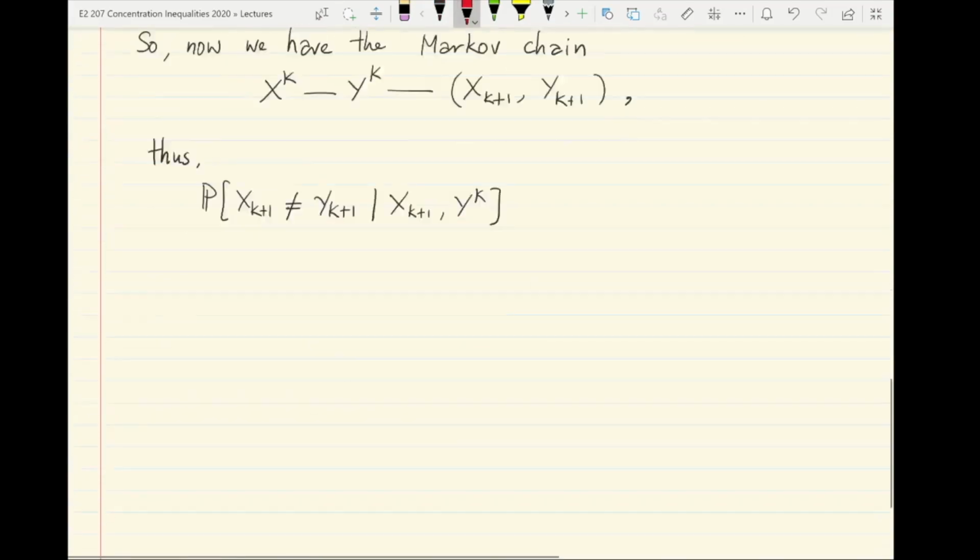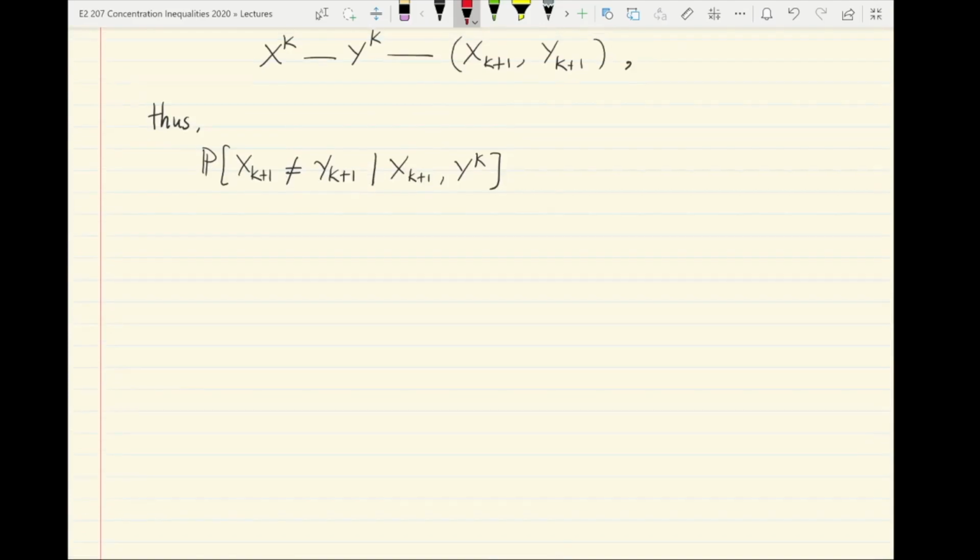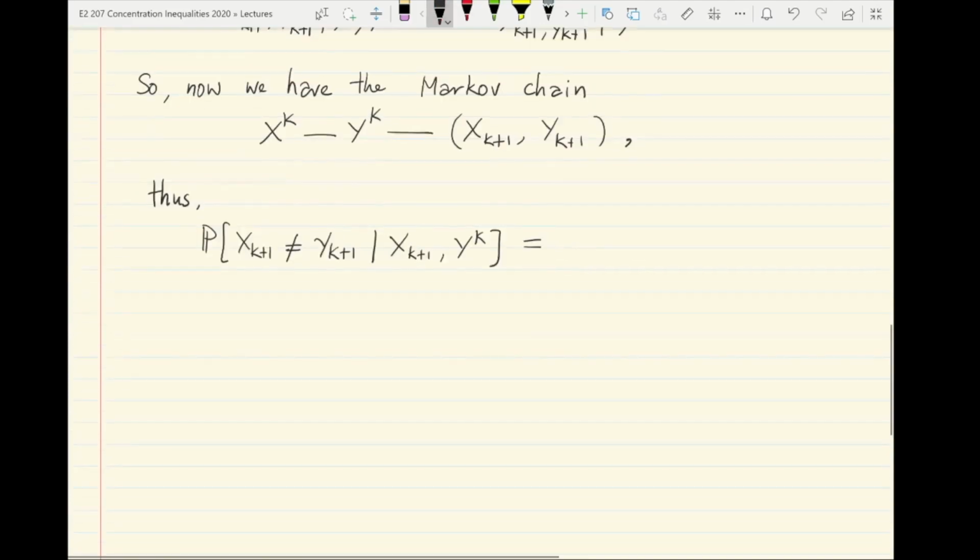The conditioning is on xk plus 1 and the background conditioning on yk. So recall what happens here. If you map it to the Markov chain diagram, it's the probability of some event involving the rightmost Markov chain element conditioned on a part of it itself, which is xk plus 1 and yk. So we can add by the Markov property xk for free, x1 through k for free.